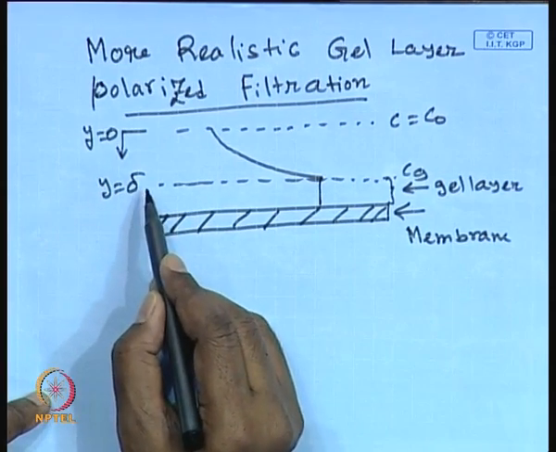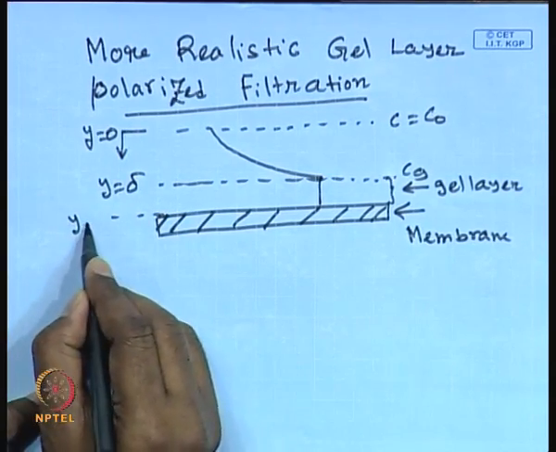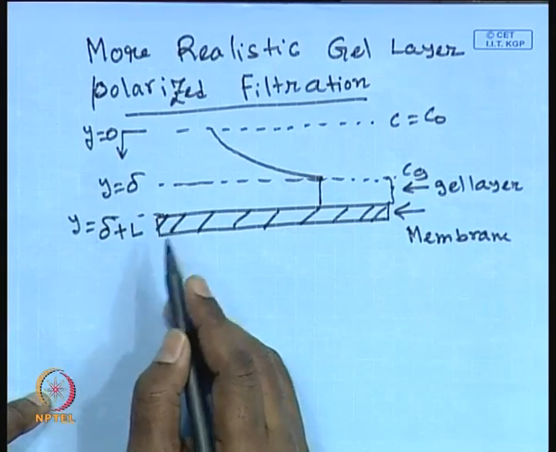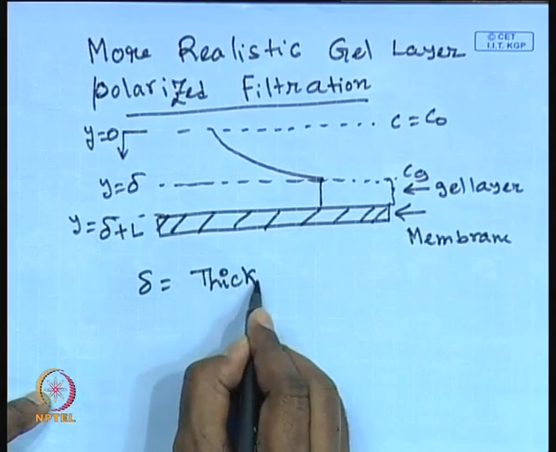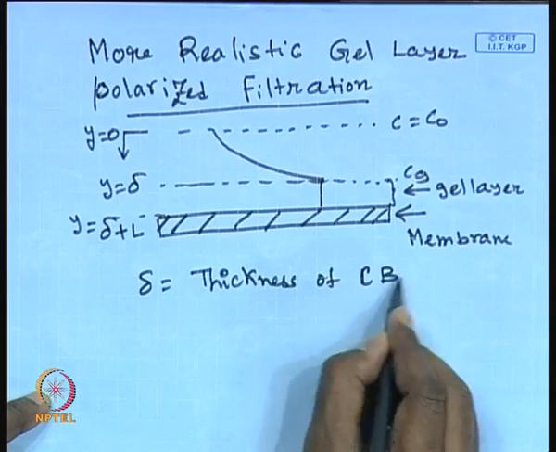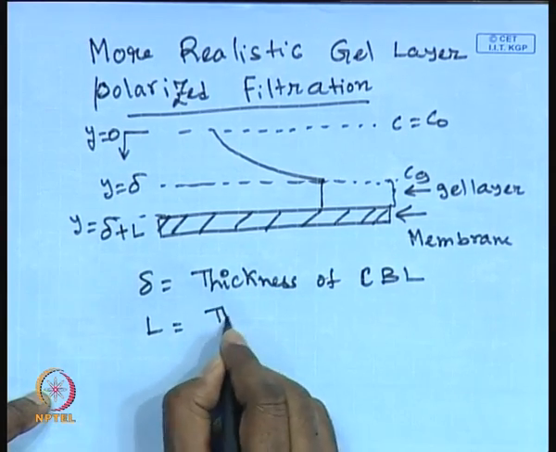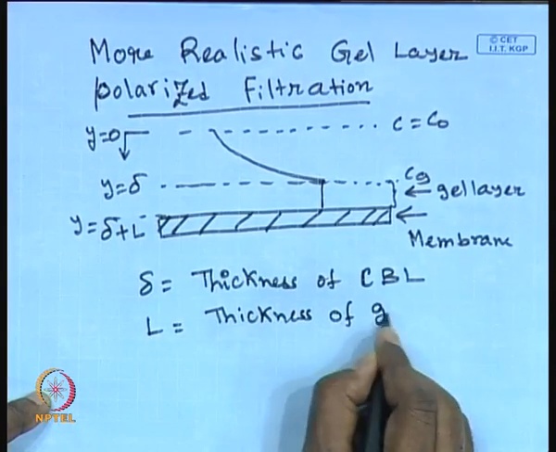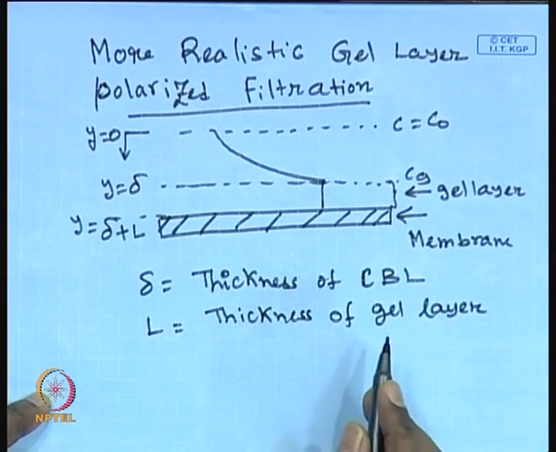Delta is the thickness of the concentration boundary layer, and at the membrane surface, y is equal to delta plus L. L is the thickness of the gel layer. So delta is the thickness of the concentration boundary layer or mass transfer boundary layer, and L is the thickness of the gel layer produced by the gel forming particle.